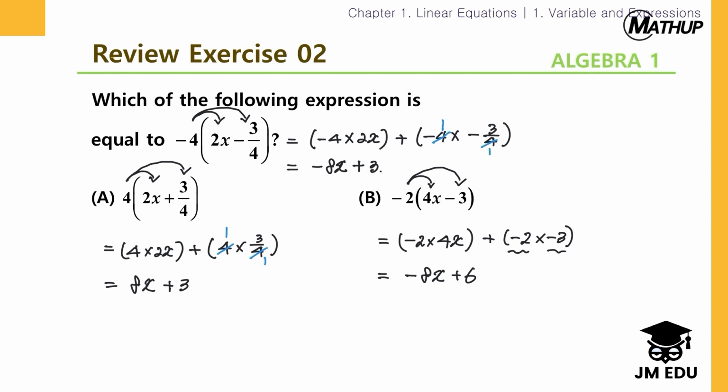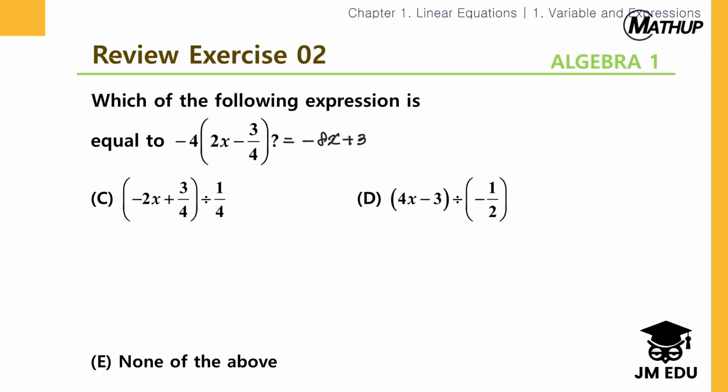So let's go to C. In C, we have negative 2x plus 3 over 4 divided by 1 over 4, right? So we're going to convert this division to multiplication. So we have negative 2x plus 3 over 4 times, we've got to switch these two numbers, right? 1 over 4 becomes 4 over 1. 4 over 1 is just 4, right?